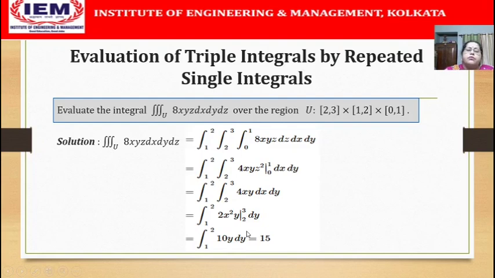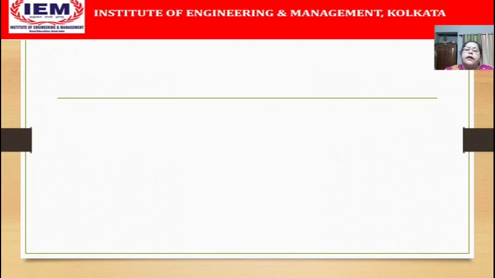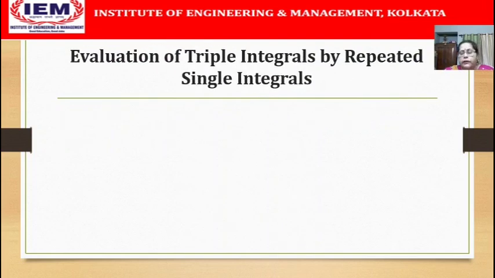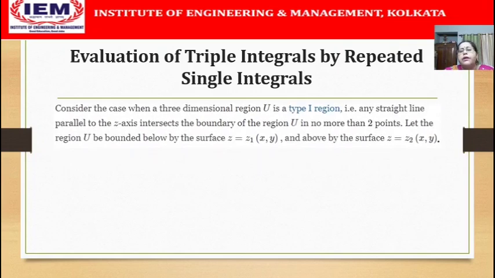Okay, now let's move on to evaluation of triple integrals in an arbitrary region. Now, as we talk about a general three-dimensional region, it can actually be classified into three types: type 1, type 2 and type 3. Let us see one by one what these are.